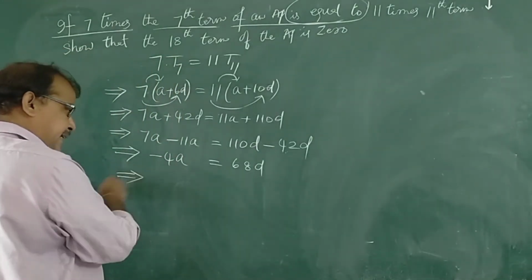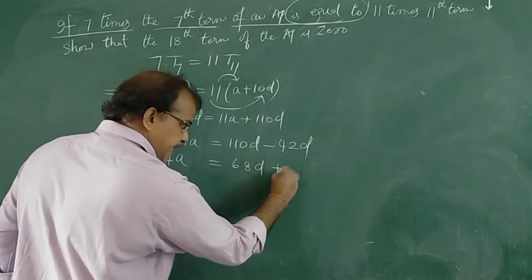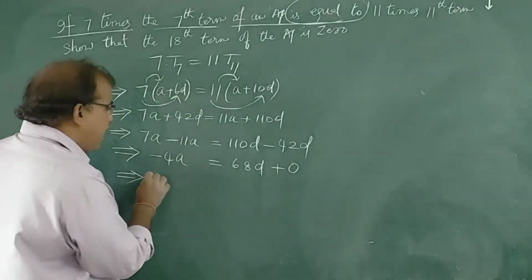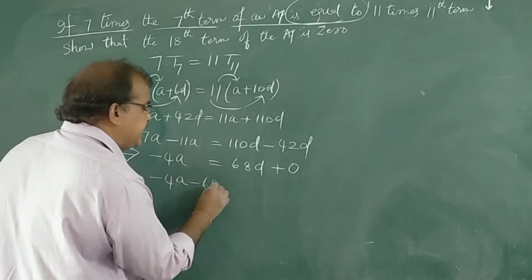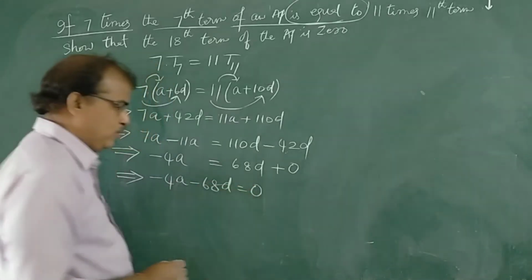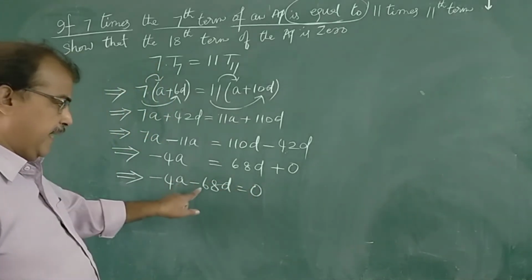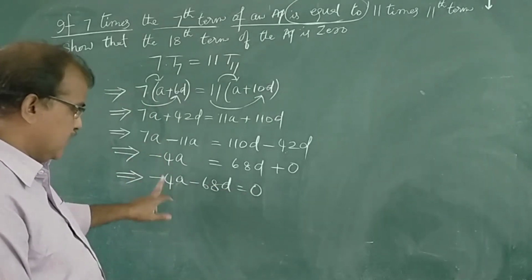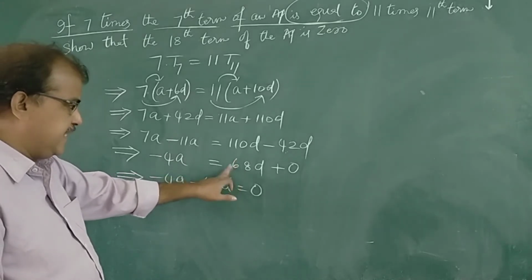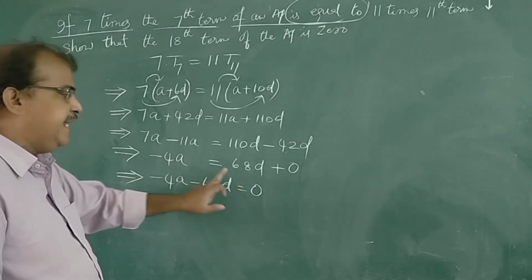I can write this as an equation: minus 4A minus 68D is equal to 0.